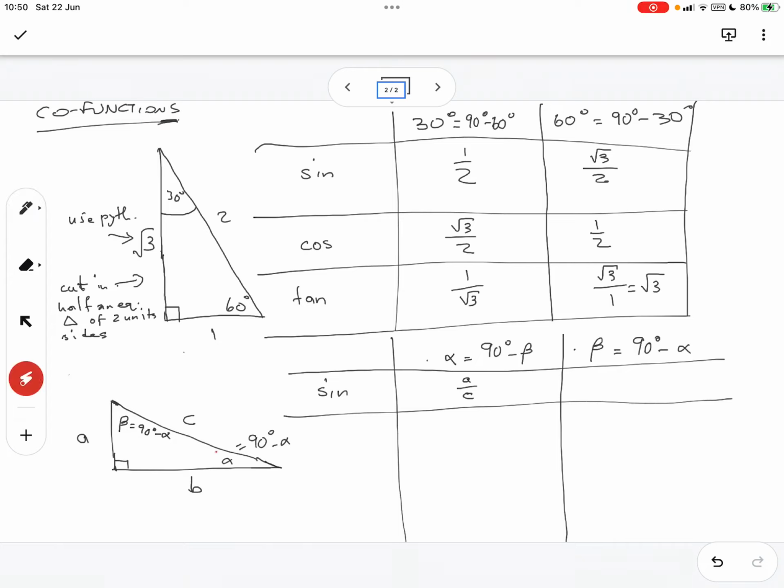So again, if angle alpha in the Jamboard is this angle here, then which side is opposite alpha? It's A, right? That's correct. Then the hypotenuse is C again. So that means our sine will be A divided by C for the angle alpha.